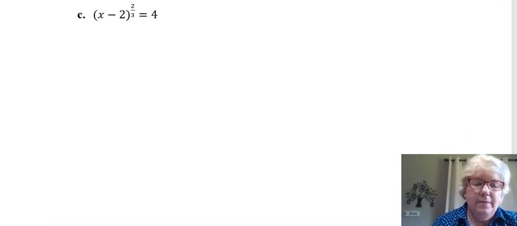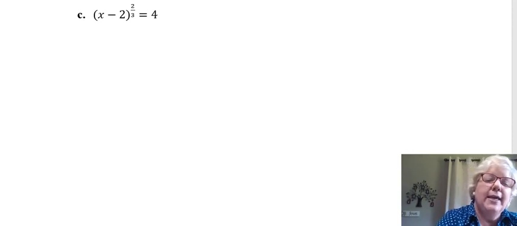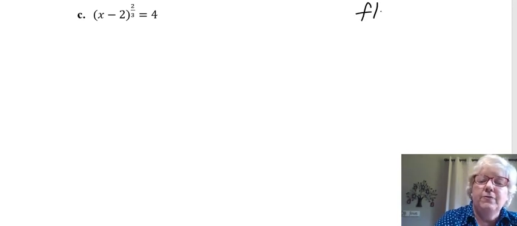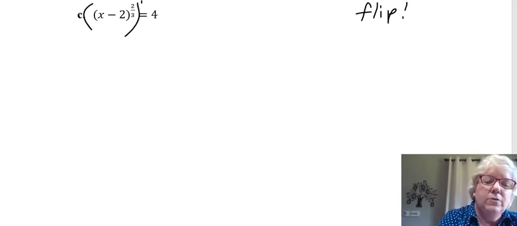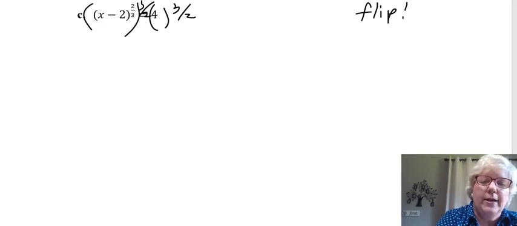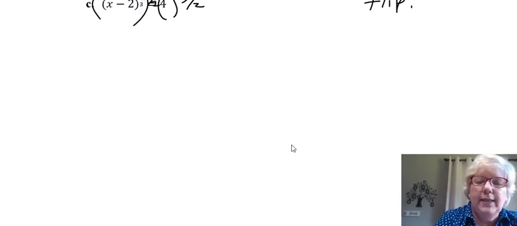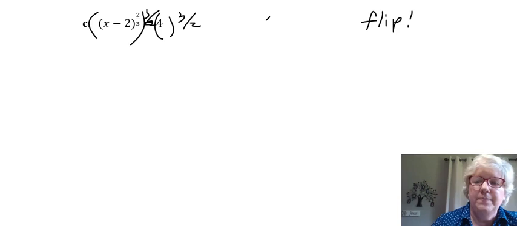Our last example problem, I'm going to go ahead and flip the fraction, and that will give me 3 over 2, 3 over 2. It's kind of messy, sorry. The fractions on the left will cancel. There we go.